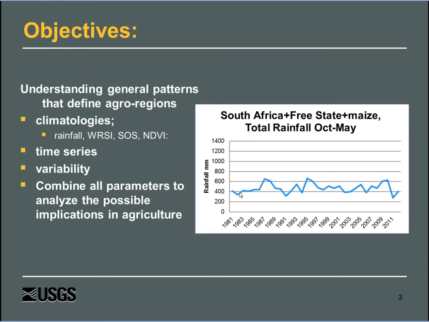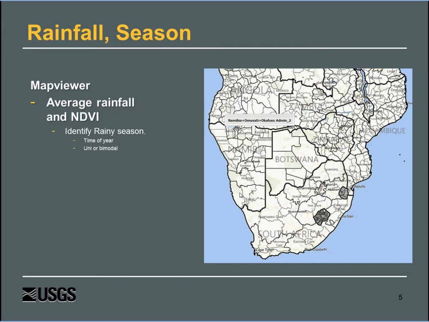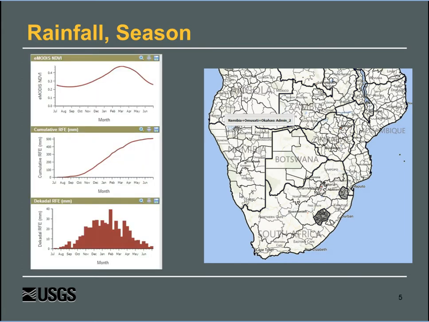The first thing, this is the time series. We're going to be using the map viewer to select different regions, first here in South Africa, and the whole idea is to get familiar with the characteristics of the different regions.